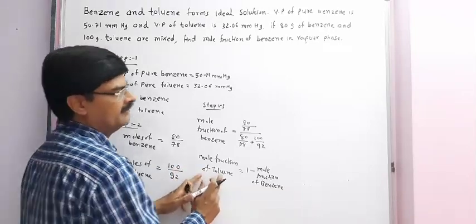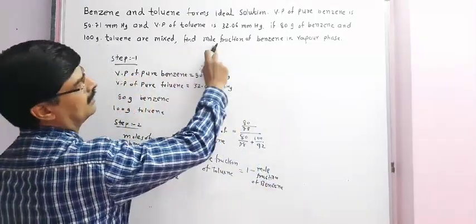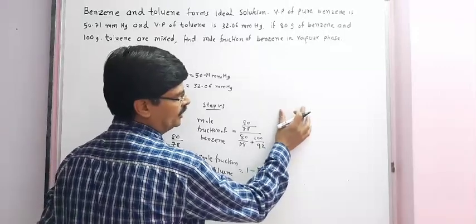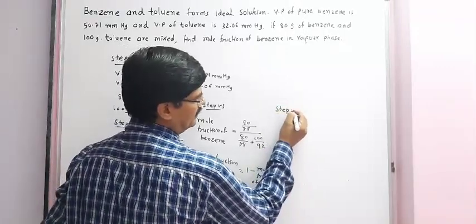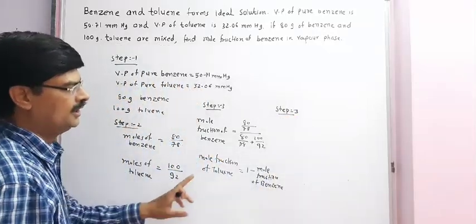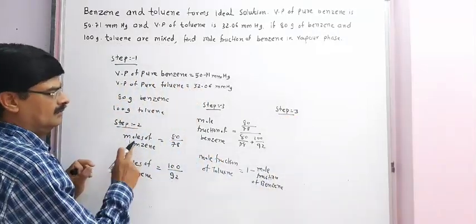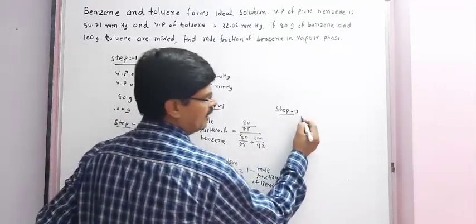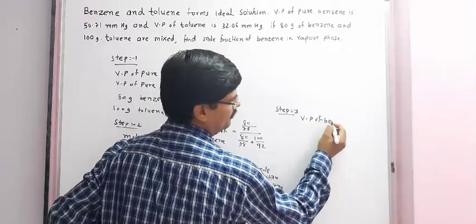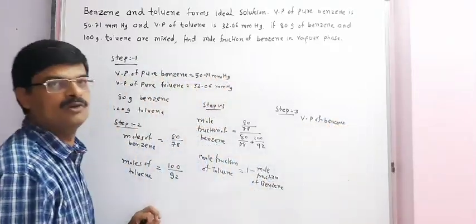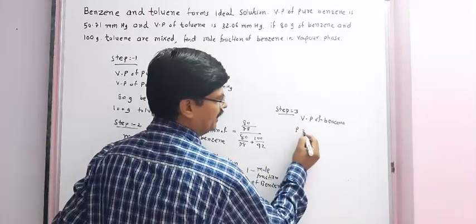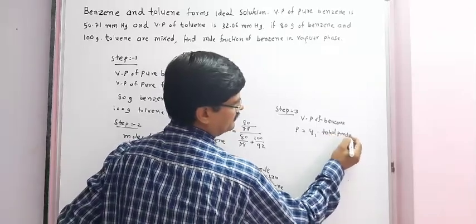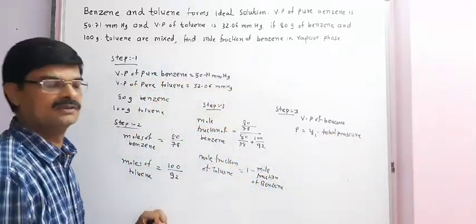After doing this, we have to find out the mole fraction of benzene in vapor phase. So for that purpose, what to do? Once we have found the moles of benzene, we have to find out the vapor pressure of benzene. How to find it? Say P is equal to Y1 into total pressure, as discussed before.